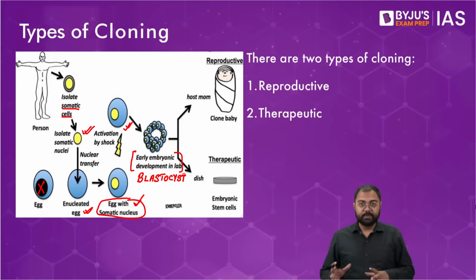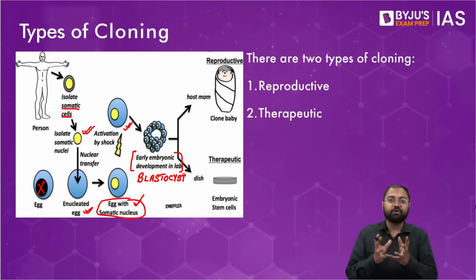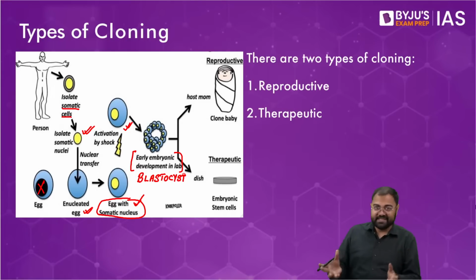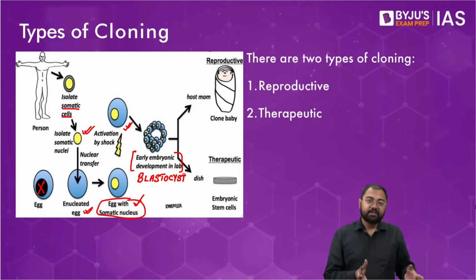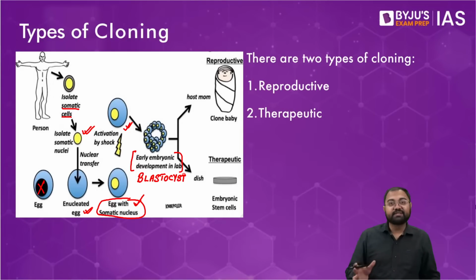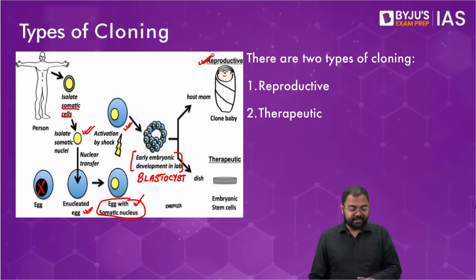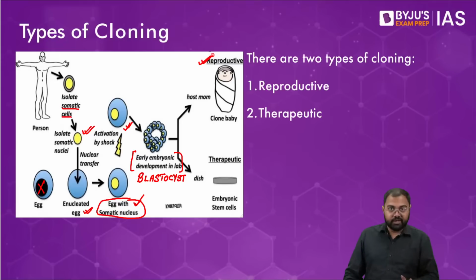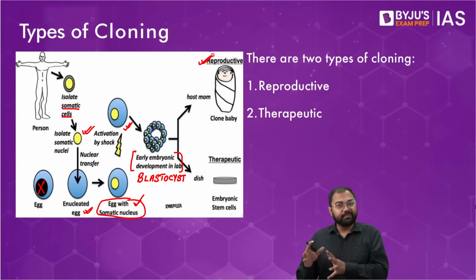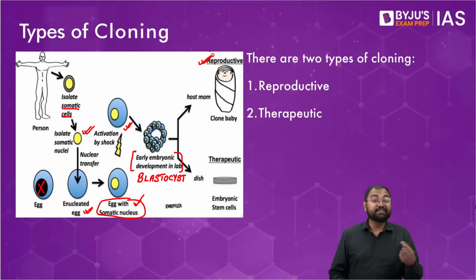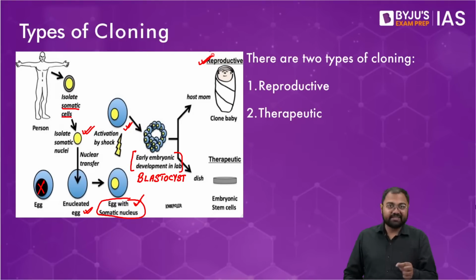So we'll produce this blastocyst, which is nothing but a bunch of almost 150 undifferentiated cells that will be produced here. Now, after this, there are two ways in which it can be used. Either it will be used for the birth of a new cloned animal, then in that case, it will be called as reproductive cloning. If not, the same cells can also be used for some of the medical therapies. For example, in stem cell therapy, also something like this can be used.